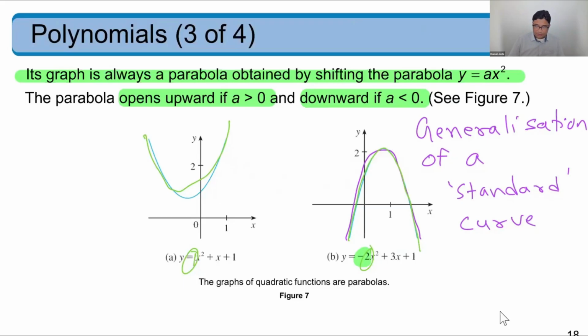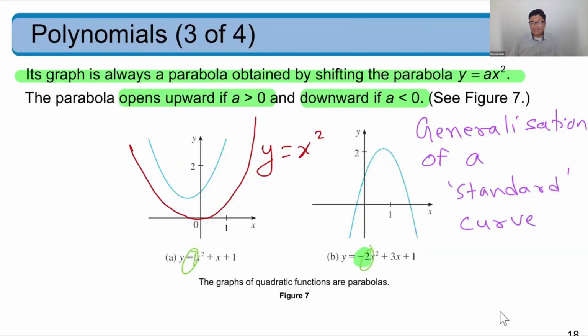Another idea I want to discuss is what these parabolas are compared to the standard parabola. In the standard position, the parabola would have been this: y equals x squared. And the parabolas that you see here are shifts and stretches of that parabola.